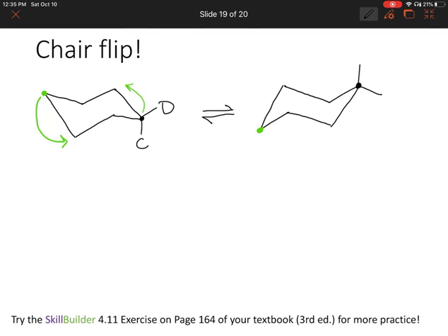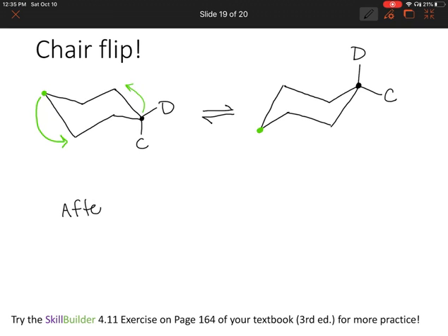Okay, so our substituent C was originally axial and pointing down, but now it's going to be equatorial pointing down. And then our equatorial substituent, labeled D, is now going to be axial. It's still pointing up, but it went from equatorial to axial.